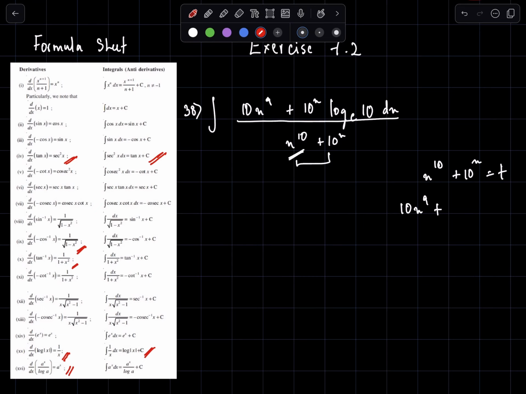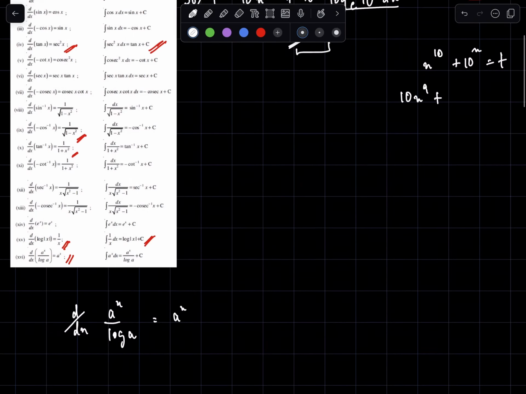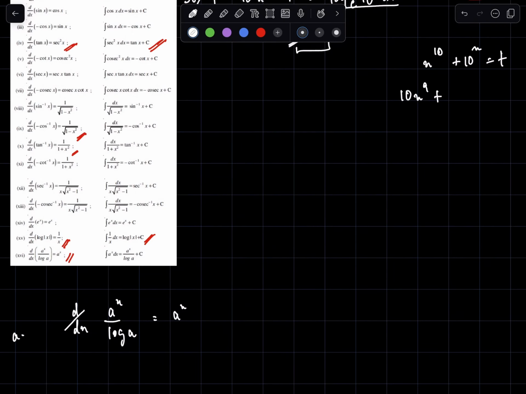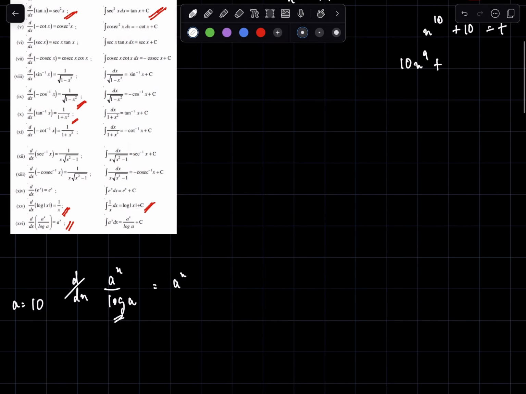Okay, so what are they saying? So the differential, let's write that down. The differential of a to the power x divided by log of a is equal to a to the power x. In this case a is 10. A is equal to 10 in our question. So all I have to do is take this to the other side.